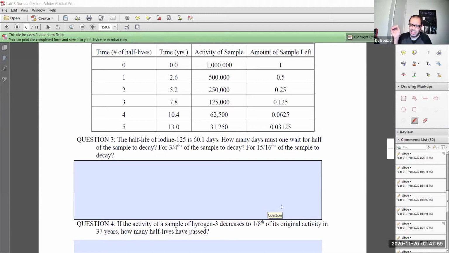In 180 days, you're going to be left with 1/8, correct? And you lose another half of the eighth in another 60 days, which is 240 days. So in 240 days, you're going to lose the last half of the eighth, which is 1/16. So you have lost 15/16 in 240 days. Mostly it's gone, and you're left with only 1/16.